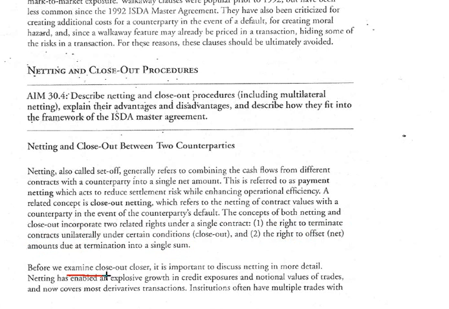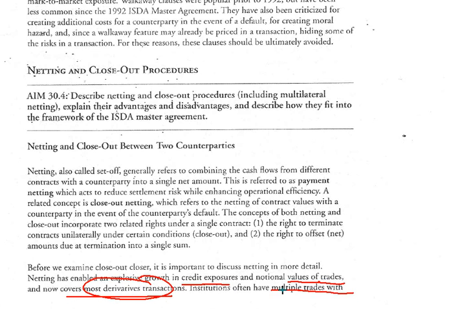So they are saying that before we examine the closeout, it is important to discuss netting in more detail. The explosive growth we have seen in the market is because of netting. Netting has enabled explosive growth in credit exposure and notional value of trades, and now covers most derivative transactions.